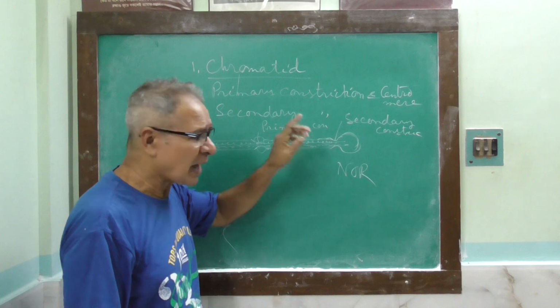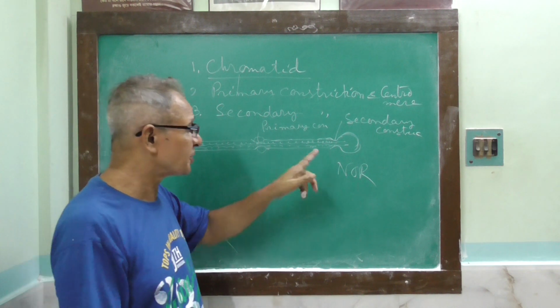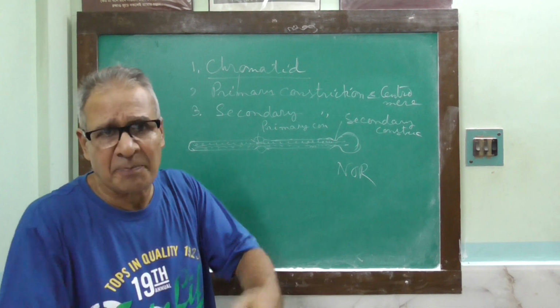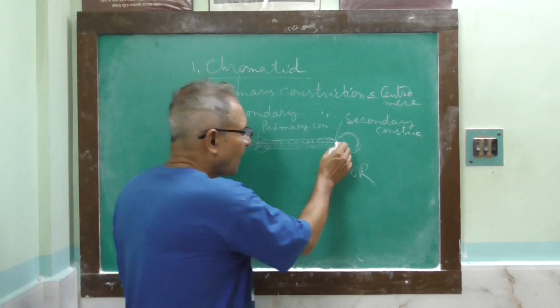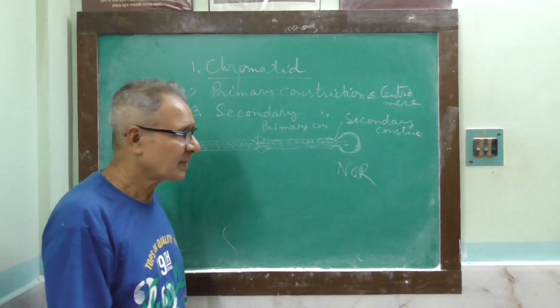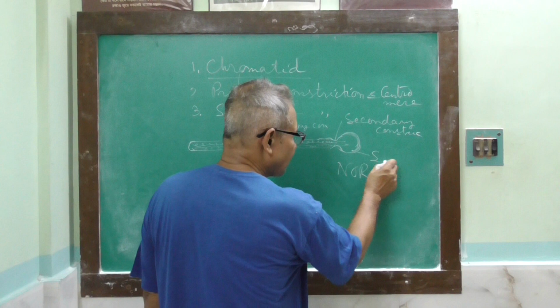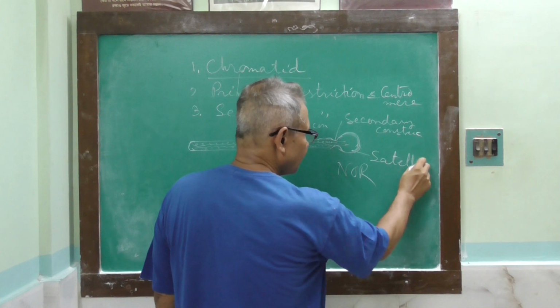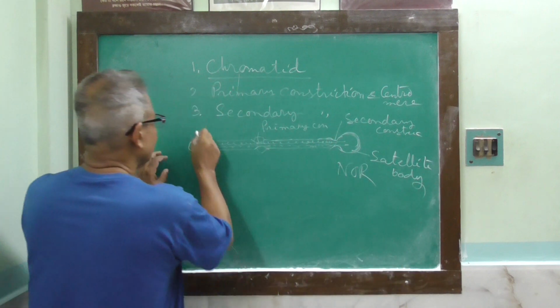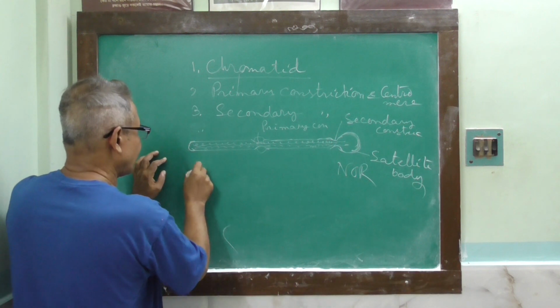If the secondary constriction is situated almost towards the terminal part, then the terminal part appears like a bulb-like structure known as the satellite body.